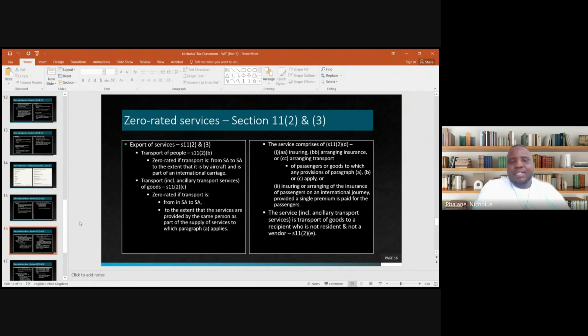But we are saying to the extent that these services are provided by the same person, meaning that if you are flying using SAA, these goods that are transported in SA as part of your travel using SAA must then be transported by SAA. All right. I'm not sure if it makes sense.